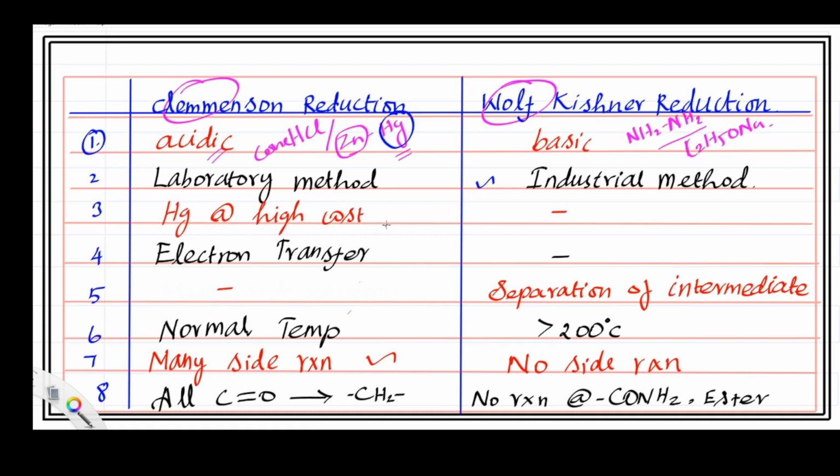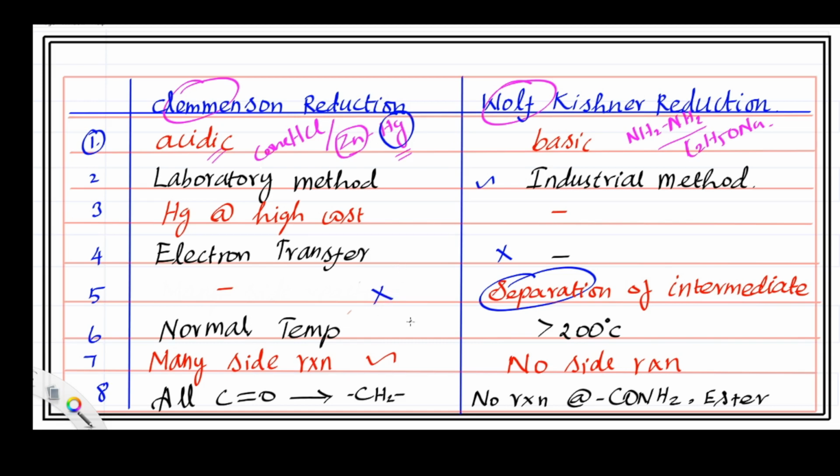And third one, due to the high cost of mercury, the Clemmensen reduction is the laboratory method. And fourth one, in Clemmensen reduction, electron transfer may take place, but in Wolff-Kishner, there is no electron transfer. And fifth one, the separation of intermediate is required in Wolff-Kishner reduction. At the same time, in Clemmensen reduction, the separation of intermediate is not necessary.